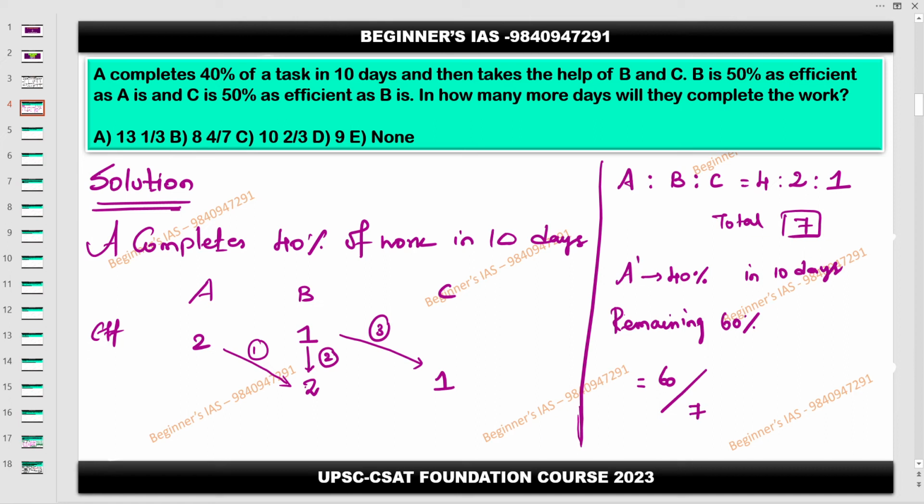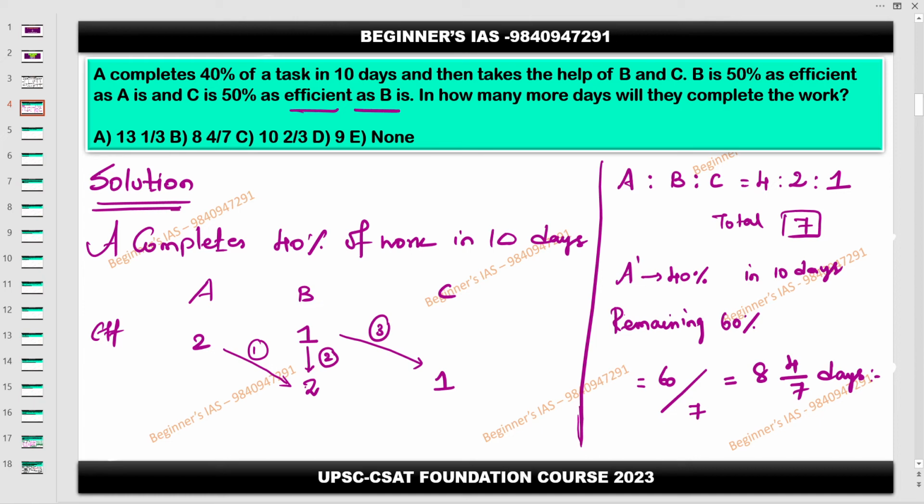What is 60 by 7? 8 4/7. 8 4/7. So if anybody wants me to repeat, I will repeat. Sir, is there any other method? This is the very easiest method for doing this efficiency concept.